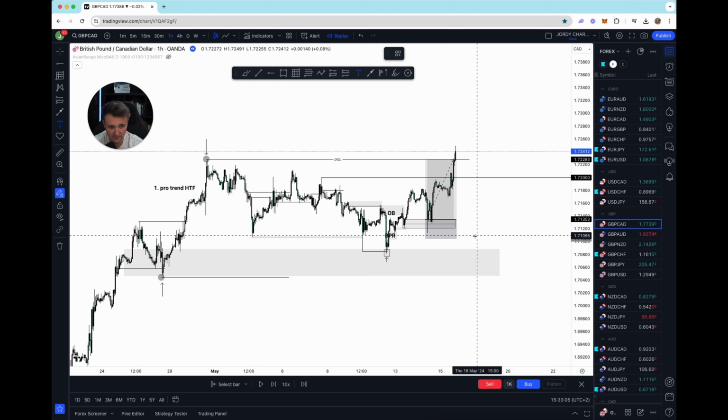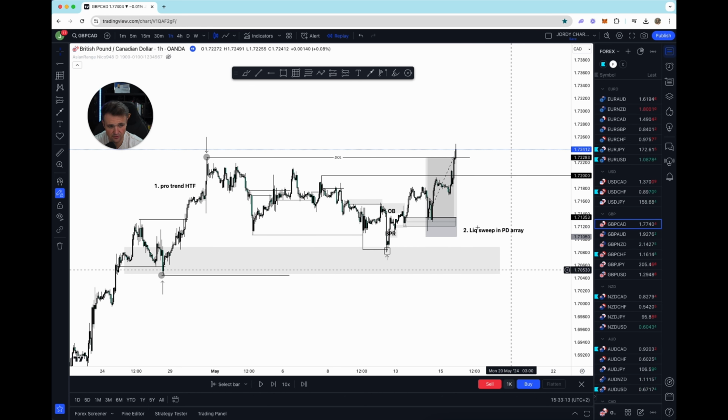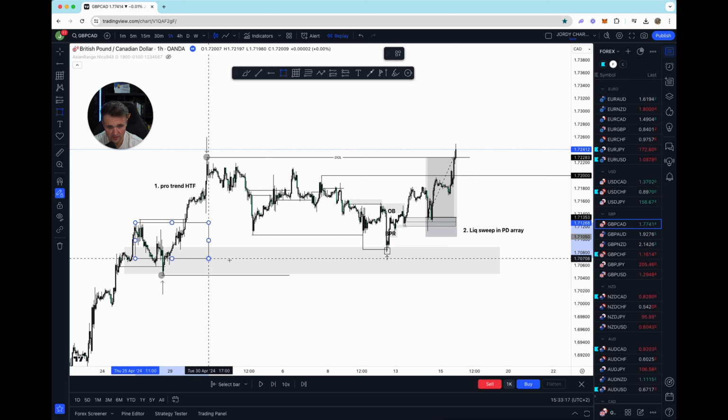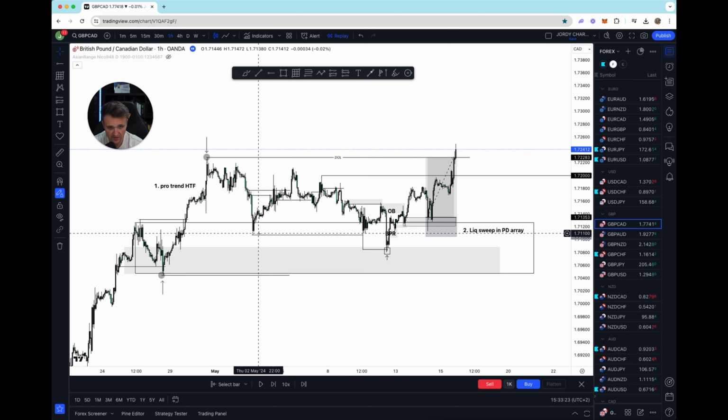Then second, we have a liquidity sweep in our PD array, which is our discounted price range. This is our PD array. Then we have our liquidity sweep, which is this one. So let's put it here.